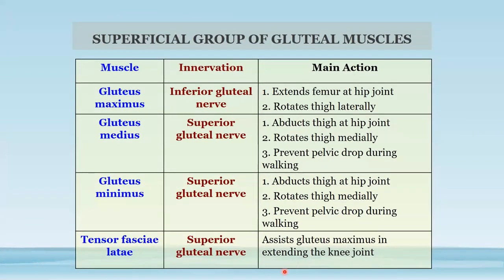Okay, this is the table showing the muscles, their innervation, and the main action. You can always refer to this table later when you want to do the assignment in this lecture. So this is the superficial group. All of them are supplied by the superior gluteal nerve, except the gluteus maximus, which is by the inferior gluteal nerve.